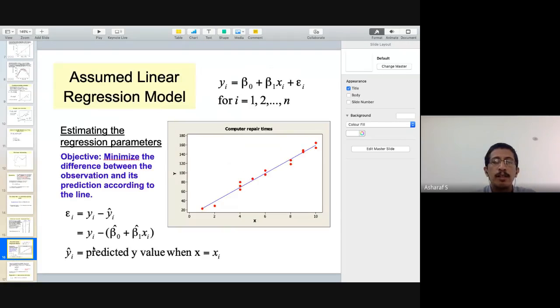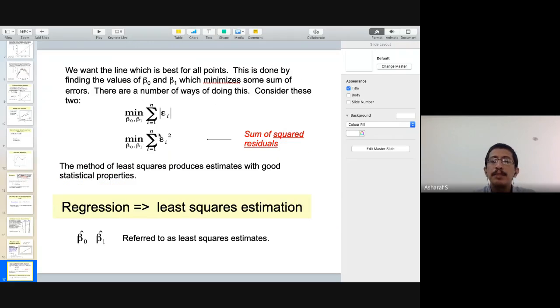This is called the residual. I've already told you, epsilon i is also called the residual. The most popular approach is to define our objective function as the sum of the squares of the residuals.